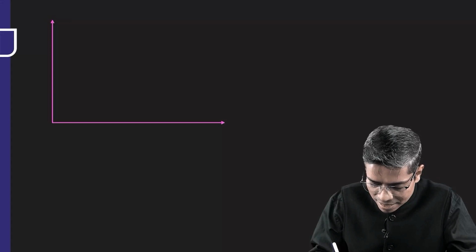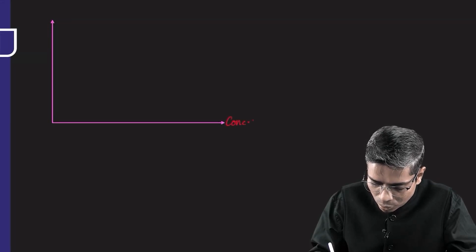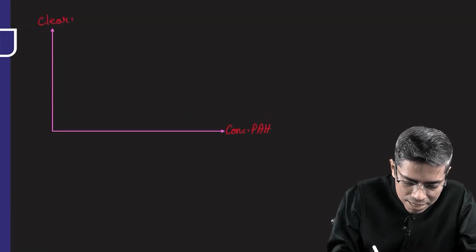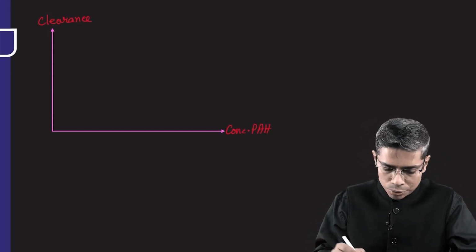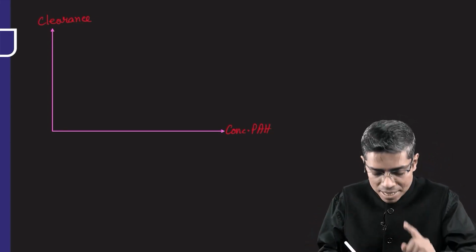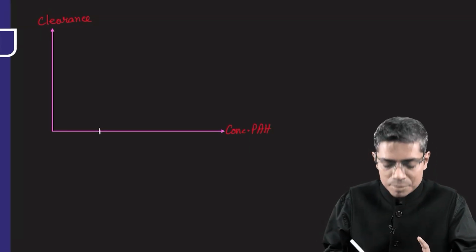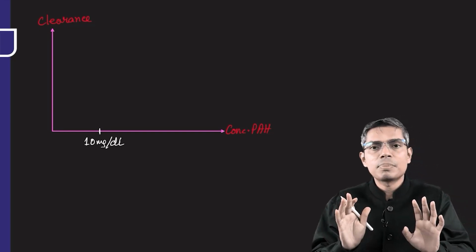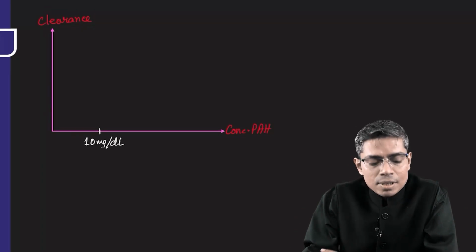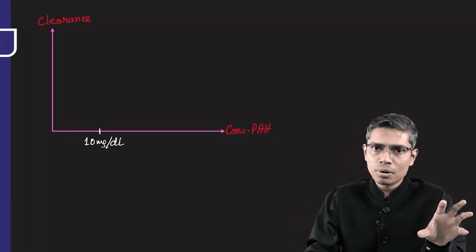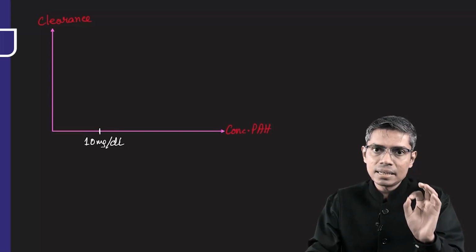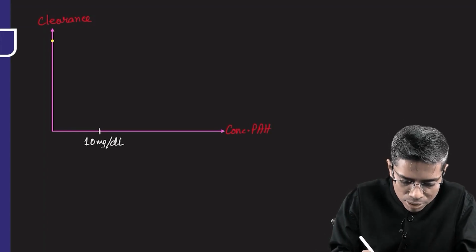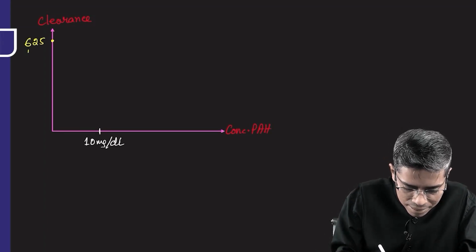In this curve, on the x-axis I am plotting the concentration of PAH, and on the y-axis the clearance of PAH. Whenever the concentration of PAH in the plasma is low, up to 10 milligram per dl, meaning you have injected a little amount of PAH according to the protocol, then if you measure the clearance of PAH, it will be equal to 625 ml per minute.